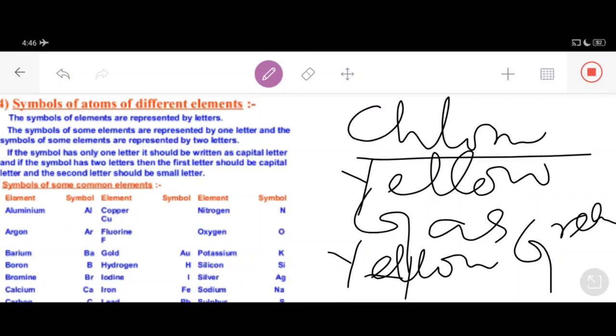But one thing you must remember is why we represent elements by their respective symbols: because it makes our study systematic and easy.